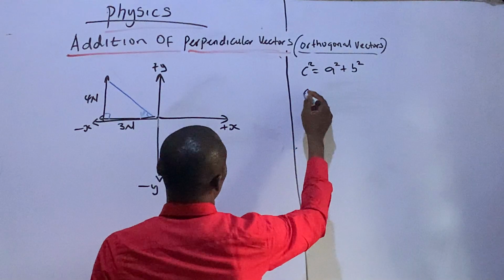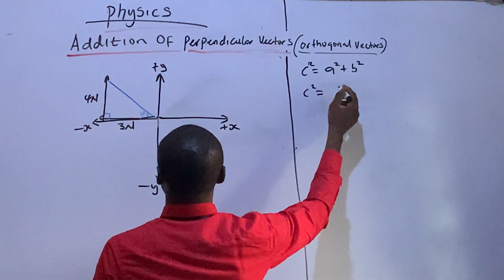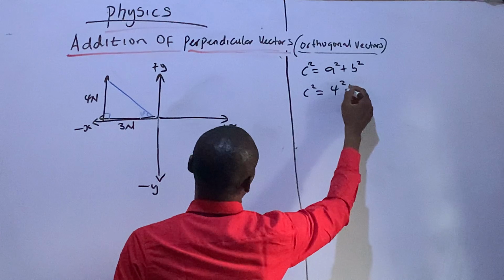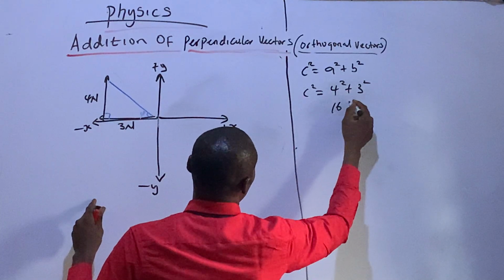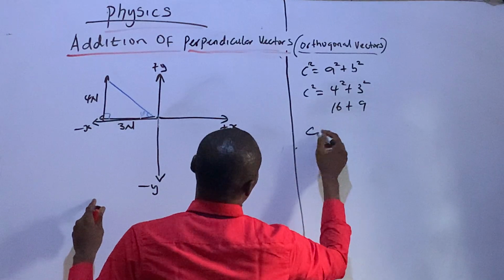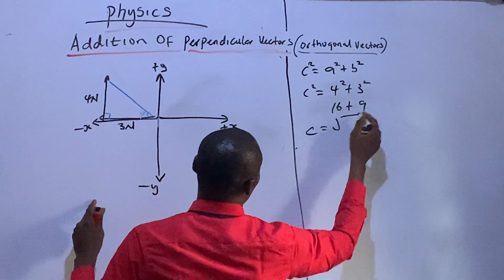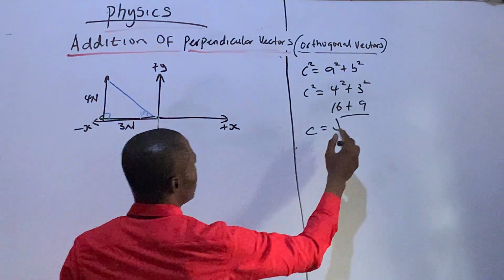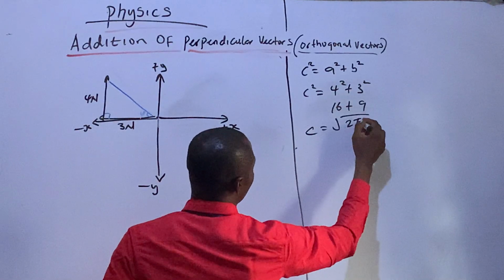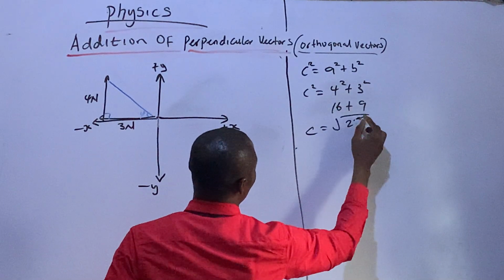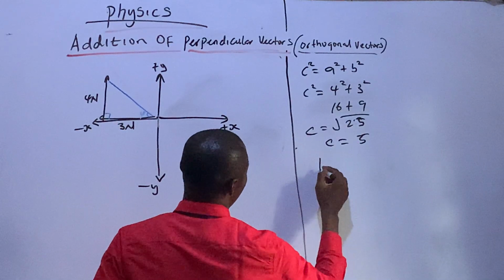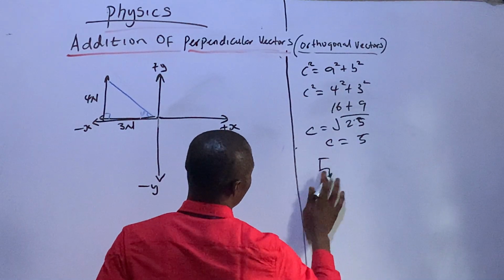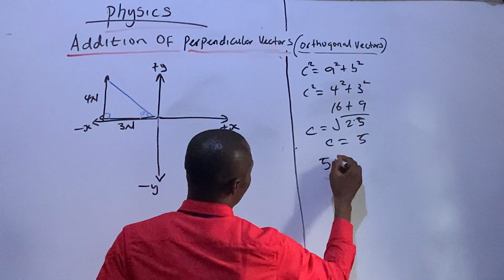My c squared is equal to 4 raised to the power of 2 plus 3 raised to the power of 2, and then this is 16, and this is 9. Then c is equal to the square root of 16 plus 9, that's going to give me 25. And then the square root of 25, c is equal to 5. So I have 5 Newton.